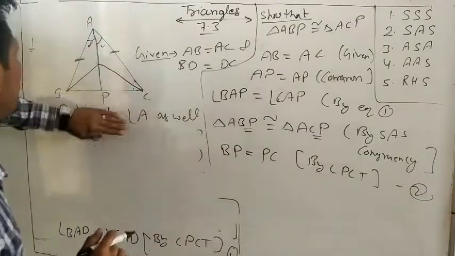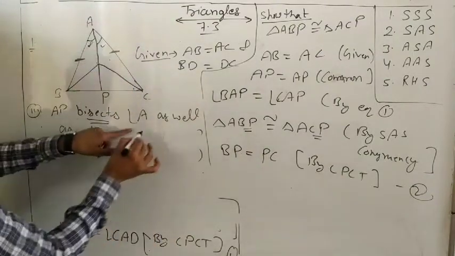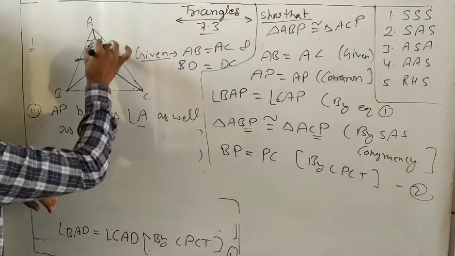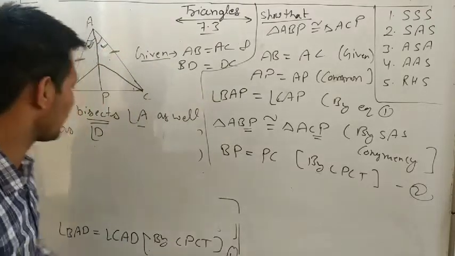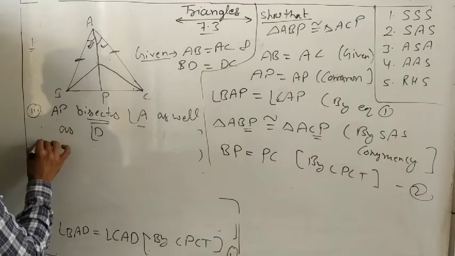So AP bisects angle A, this angle equal to this one. We already proved that by equation 1.